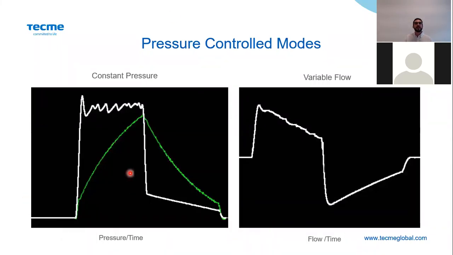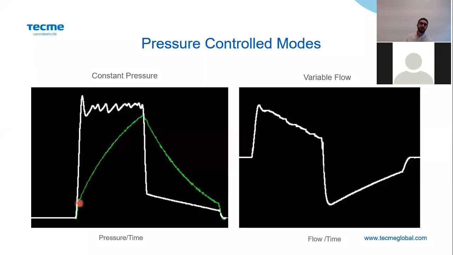So here we have two graphics in a pressure control mode. This one is the pressure-time graphic, and this one is the flow-time graphic. In the pressure-time graphic, this is the inspiratory time, and you will see a constant behavior of the pressure.